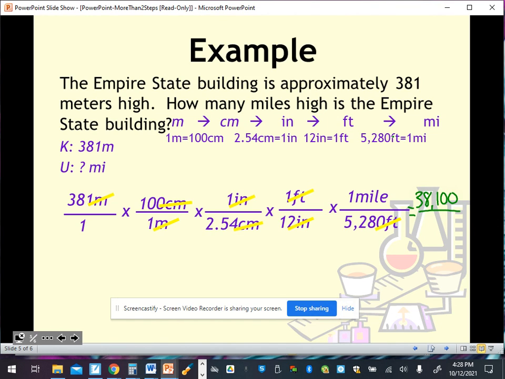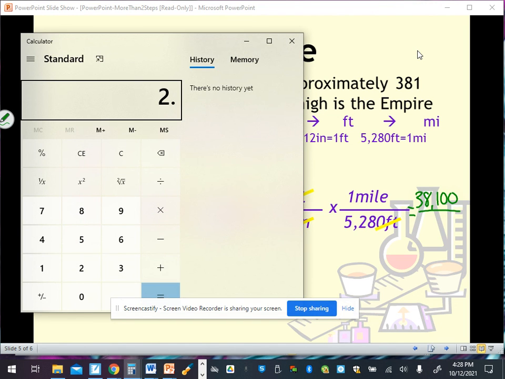And then you're going to divide that by the numbers that you get on the bottom. So you need to multiply all those numbers on the bottom. So I have my calculator here, 2.54 times 12 times 5,280. And I get 161,341.44.